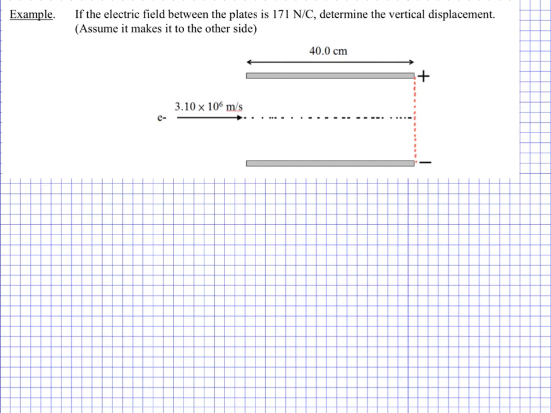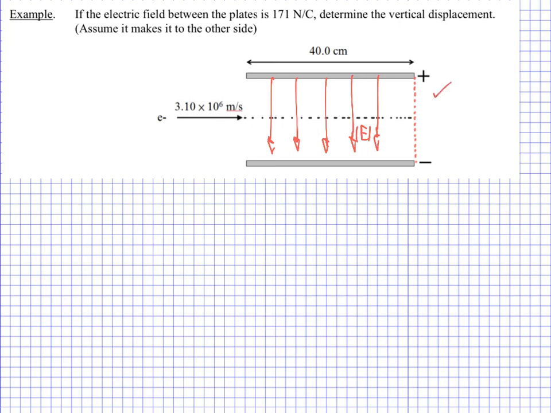Well, let's put the field lines in so we can at least figure out which way it's going to go. We're told that the top of the plates are positive, so the field lines are going to go from positive to negative, like this. This is my electric field. It's uniform, which makes it nice and easy. And so this electron, hopefully you can see, is going to feel a force towards the positive plate.